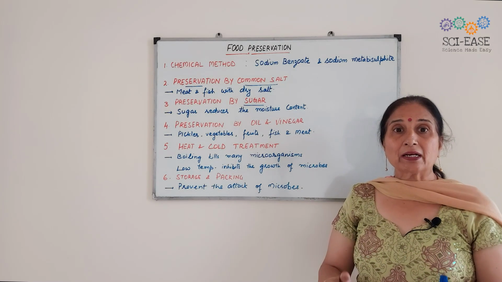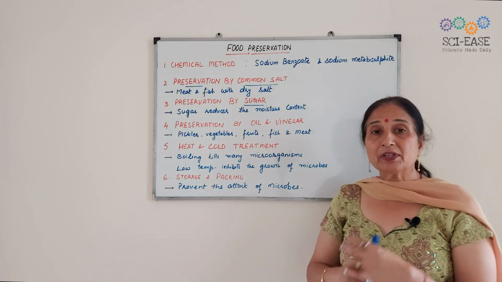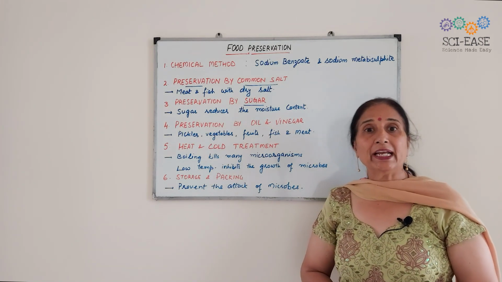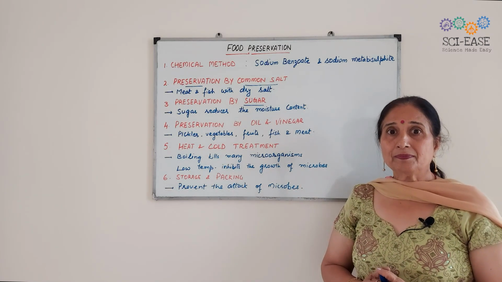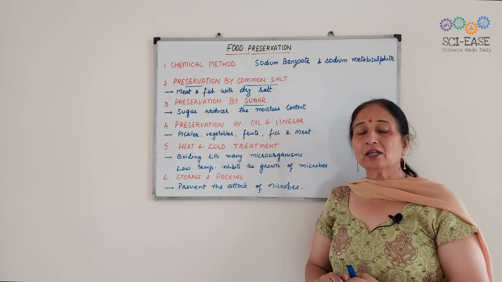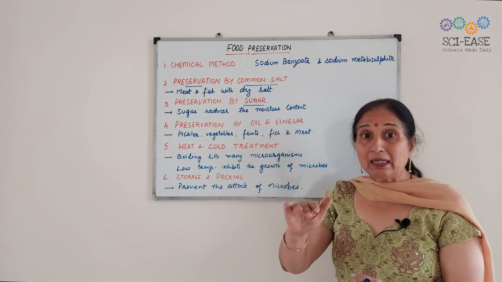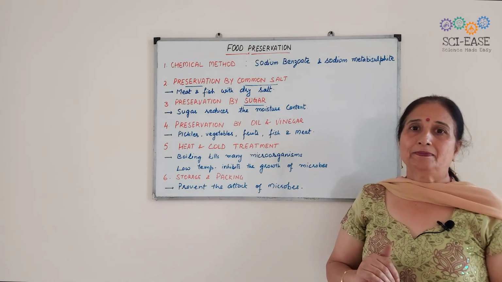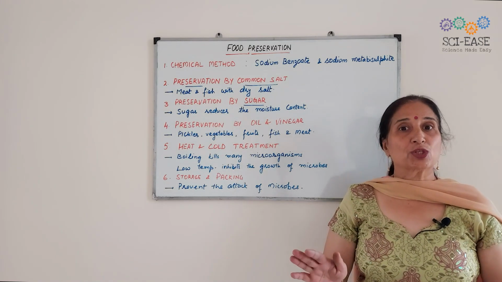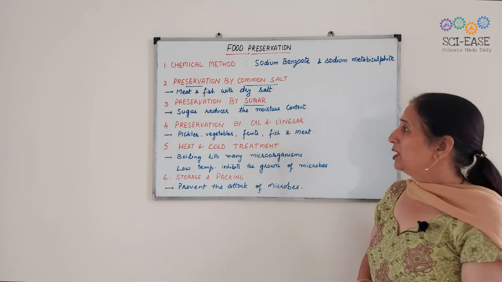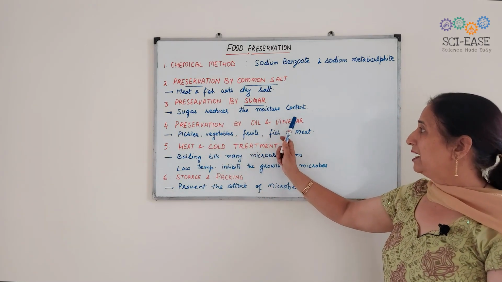All these pickles or foodstuffs can be preserved with the help of oil or vinegar. If vinegar is put in the pickle, it can be preserved for years together. And also, if the pickle is dipped in oil, then there is no chance of its spoilage. So, the fourth method is preservation by oil and vinegar.